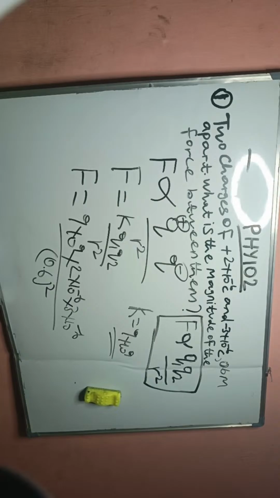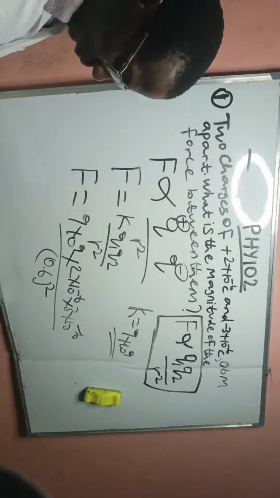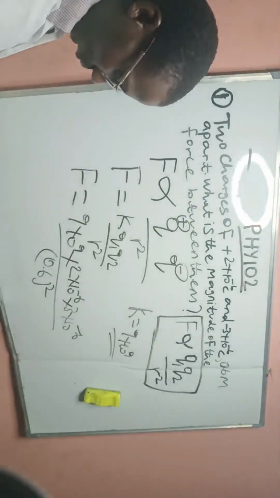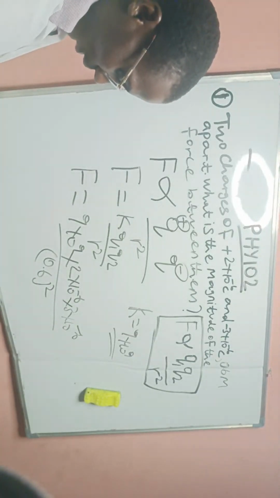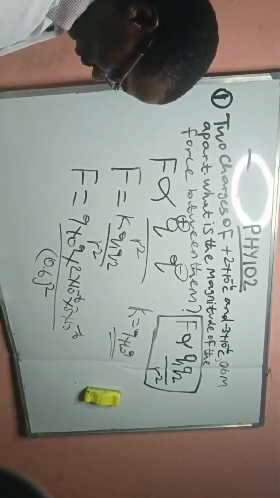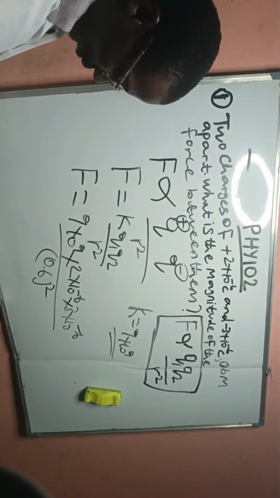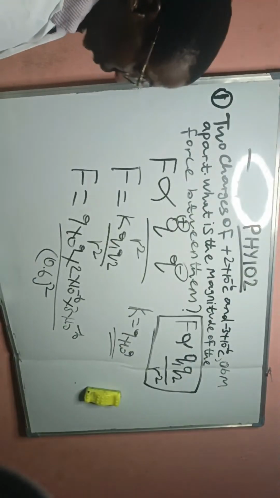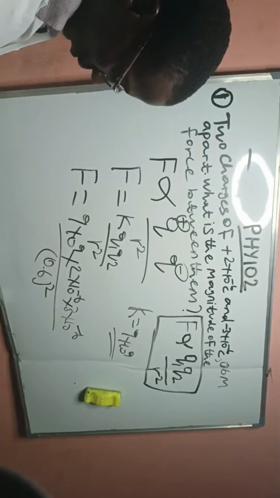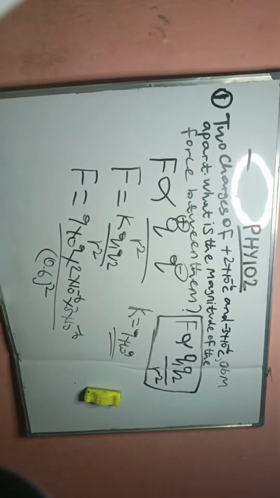So when you punch this on your calculator, which is 9 times 10 power 9, multiplied by 2 times 10 power minus 6, multiplied by 3 times 10 raised to the power minus 6, divide everything by, open a bracket, 0.6 to the power 2.